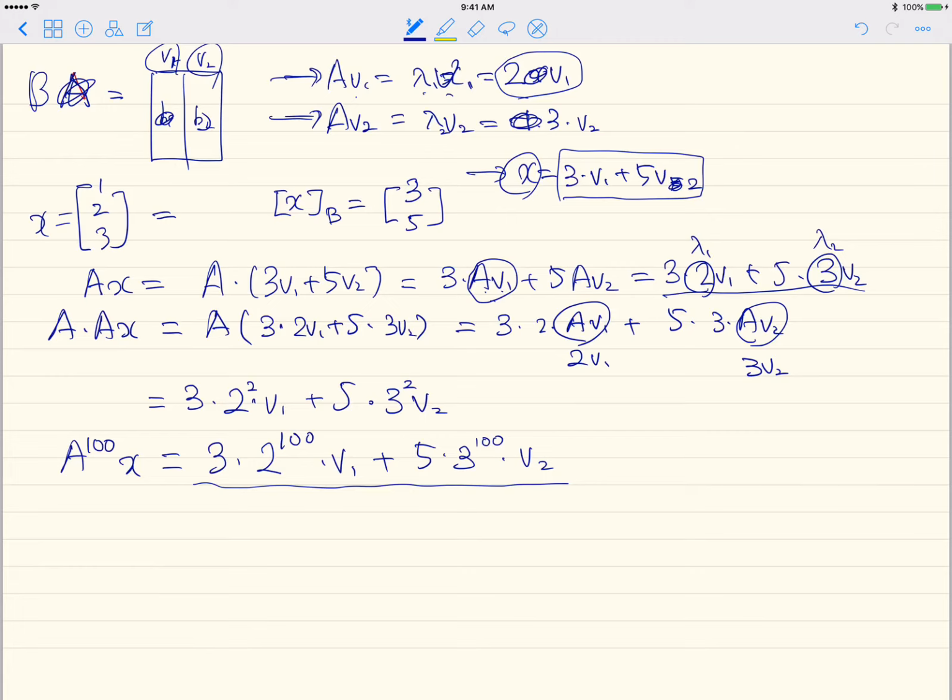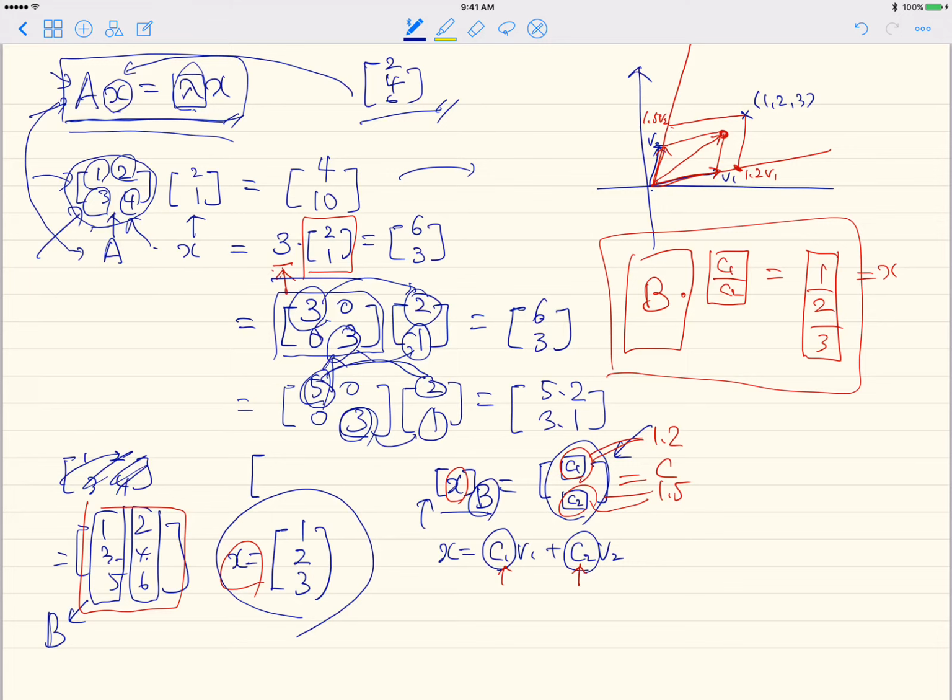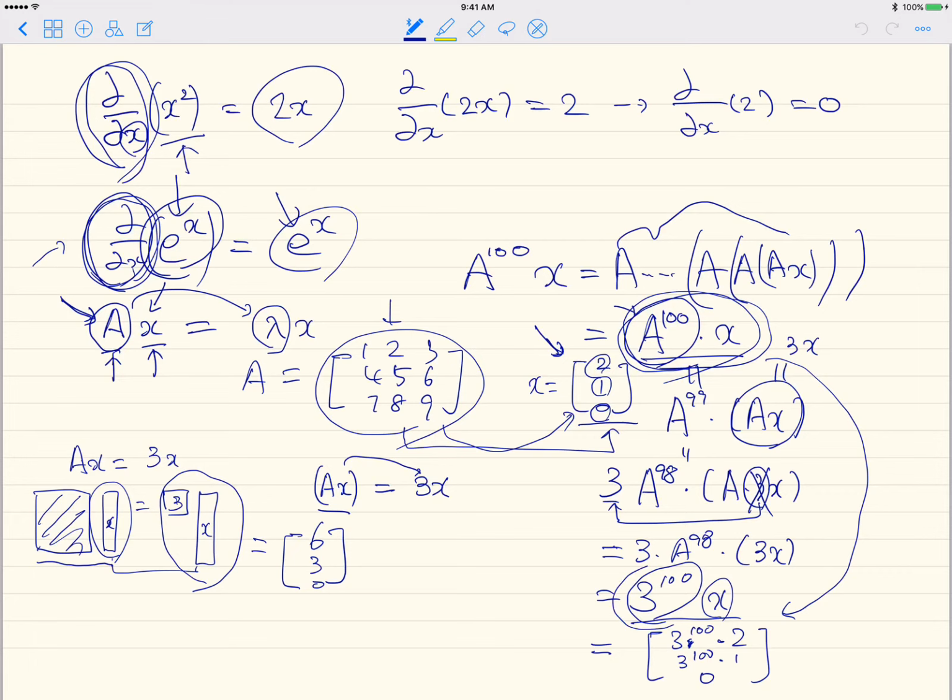In this example, our starting situation was that the vector x in A x was assumed to be an eigenvector. That was a really special case, because there are only a few eigenvectors. But what if our vector x is just an arbitrary vector?